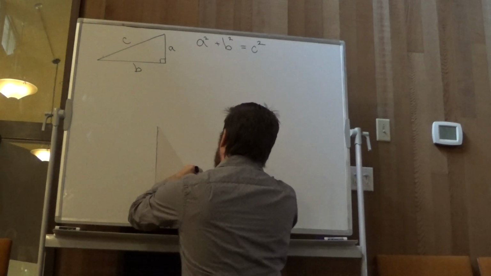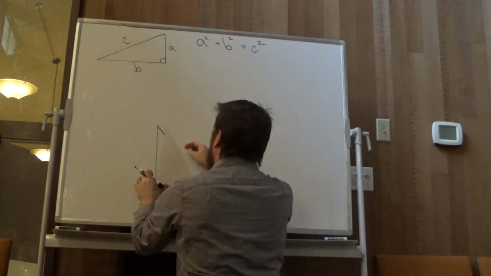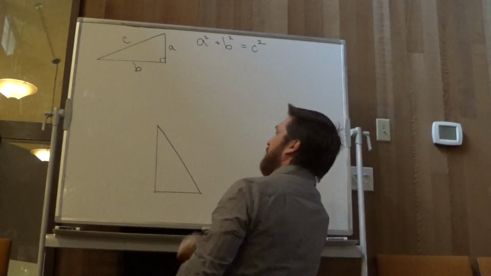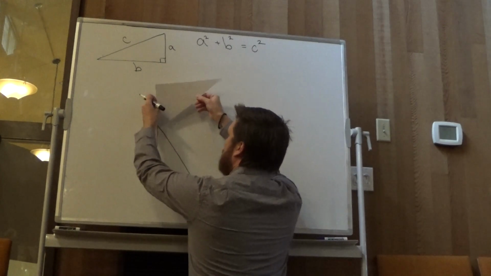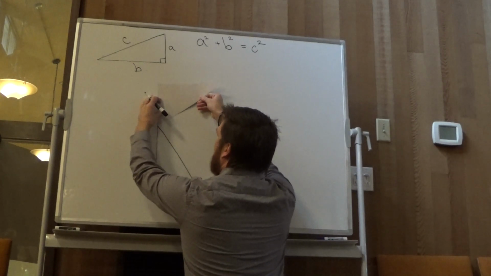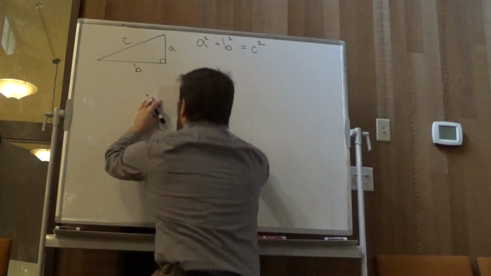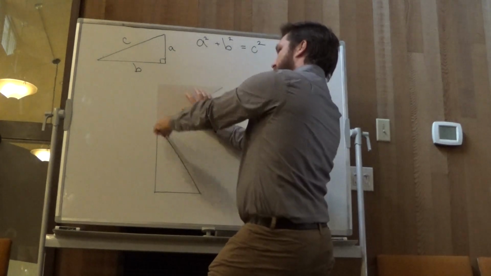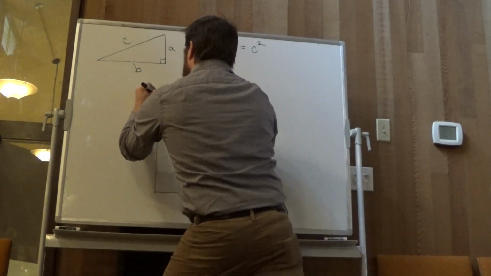You're not tracing over it, but I'm pretending now that I've just placed my first triangle like that, just like that on your page. Now take the second one and do small side here, long side like this. You want to make it as close to straight up and down right here as possible, so that this is one straight line right there.